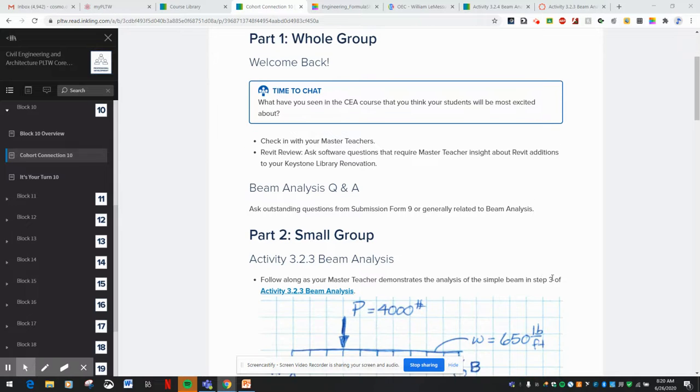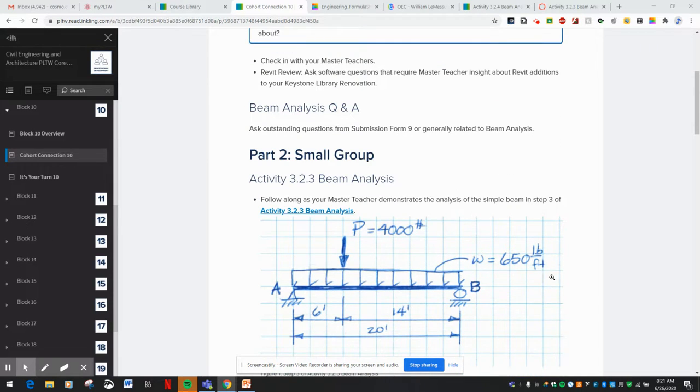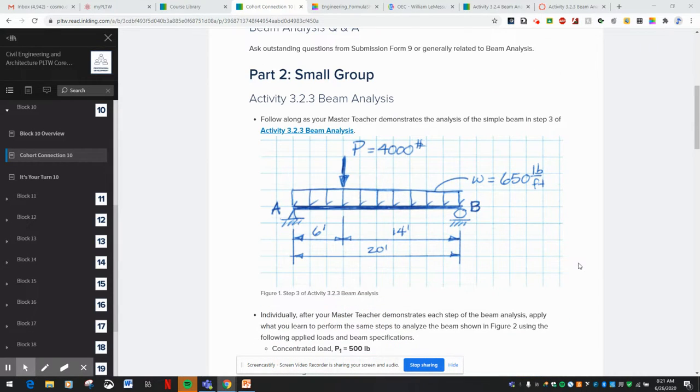So if we go in, it says we're going to go along and look at this example, which I detailed in block 9 pretty heavily.